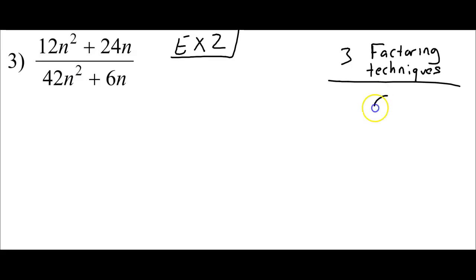You always start by looking for your GCF first. Take out the biggest thing that you can out of all the terms. After that, if you have a difference of squares, then we'll factor that using the strategy that we learned for that.